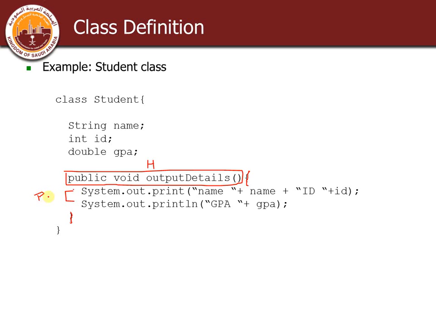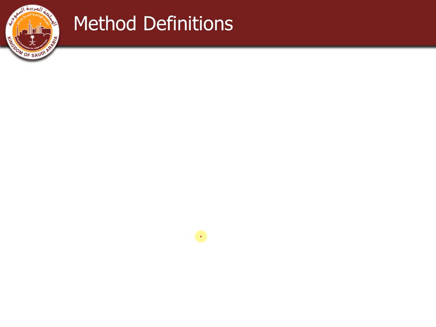So this is the body of the method. The body of the method is a group of statements. Very easy to get. But what about this over here, the header of the method? Because there are different parts: this thing, and the name, and also the parentheses where I can put something in between those two parentheses, and this has a meaning, and we're going to have a look at that later on, inshallah.